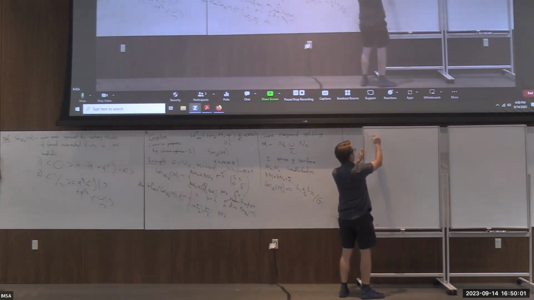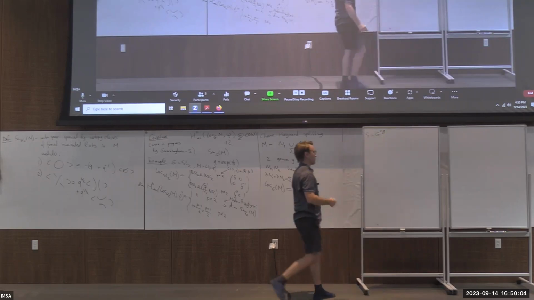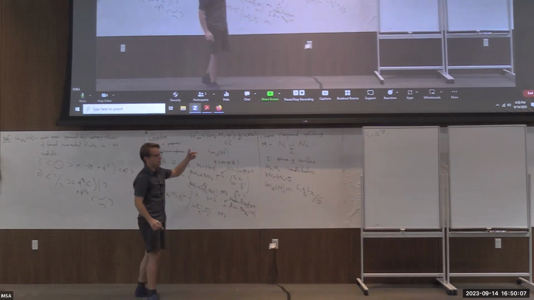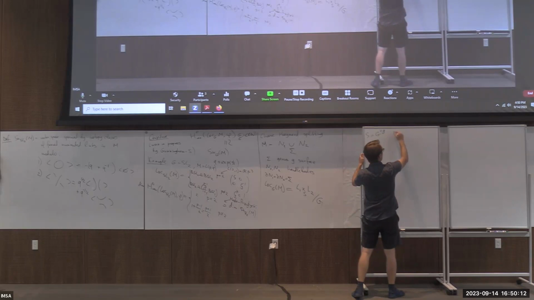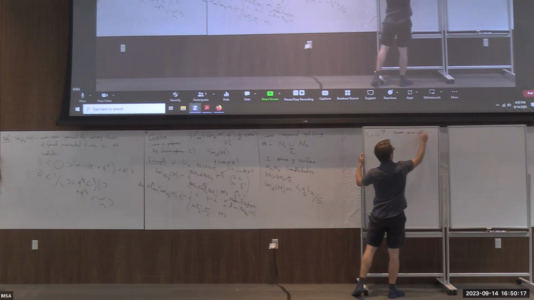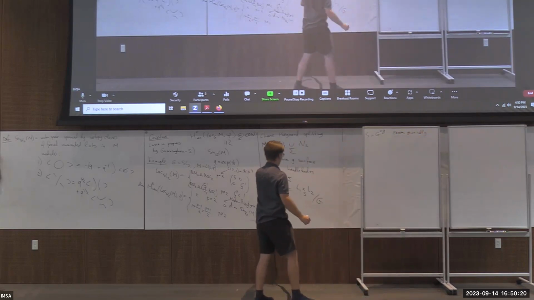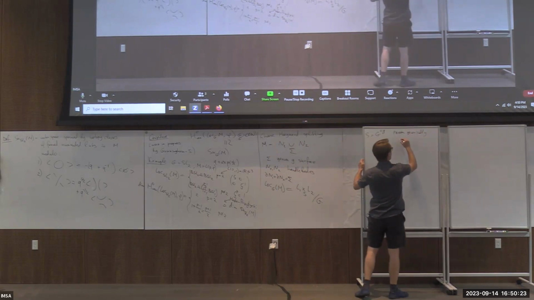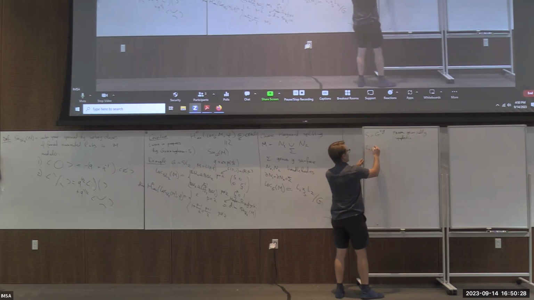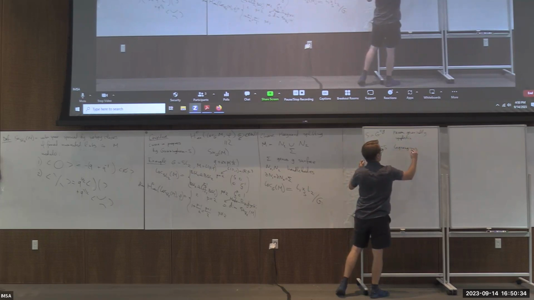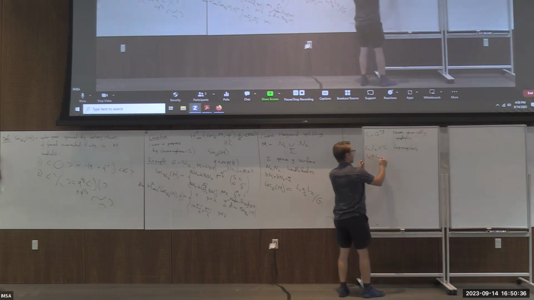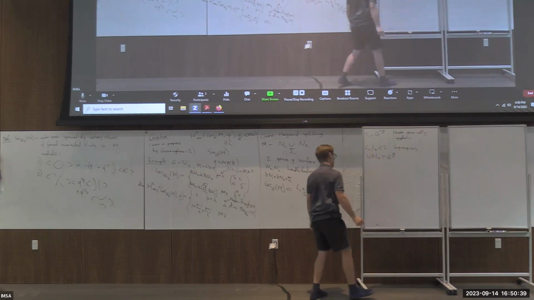Here S is the character stack of the surface, which you just think of as a symplectic manifold, and L1 and L2 are two Lagrangians.